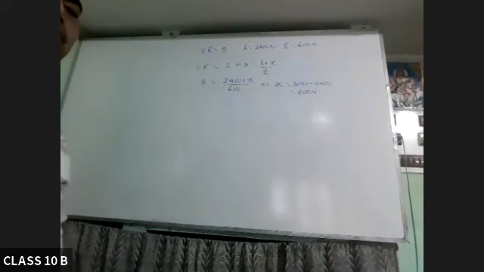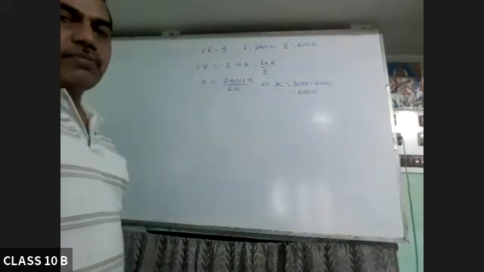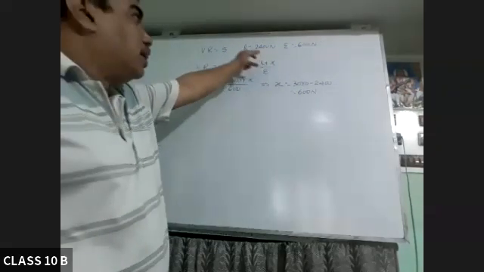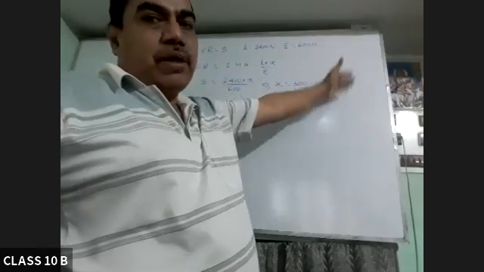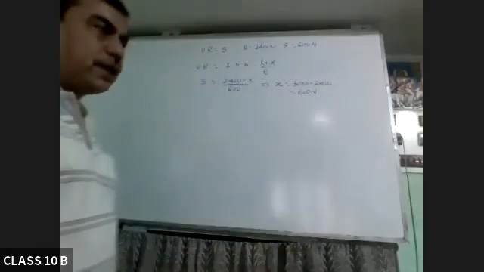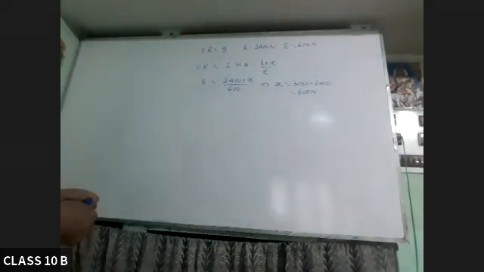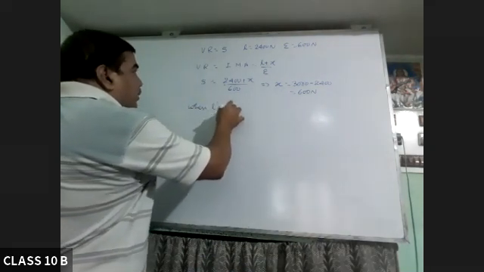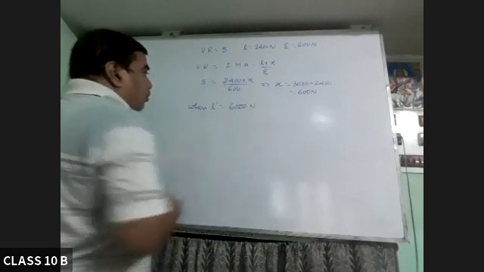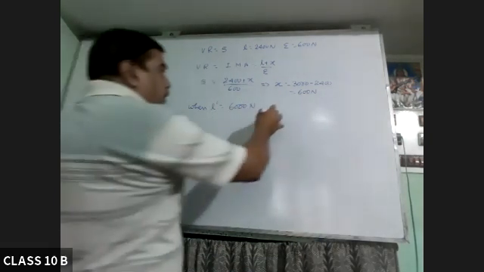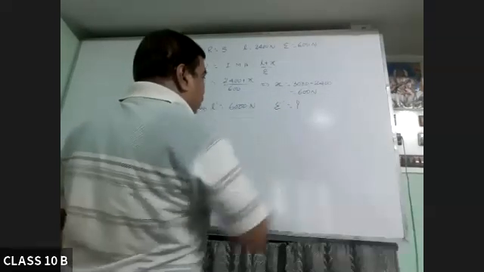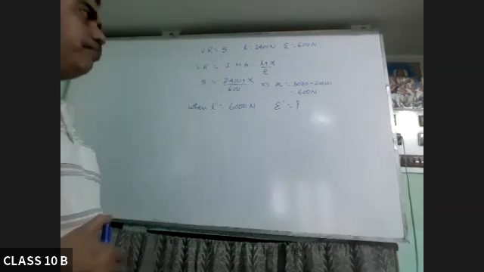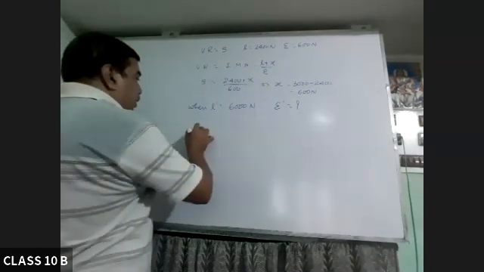Now when we change the load, mechanical advantage will change. Mechanical advantage will not remain same. At this stage mechanical advantage is 4, but we can't use that because mechanical advantage will change. So when new load L dash is 6000 Newton, this effort we have to find. What will be the new effort? Velocity ratio of the machine will not change, it will remain same.